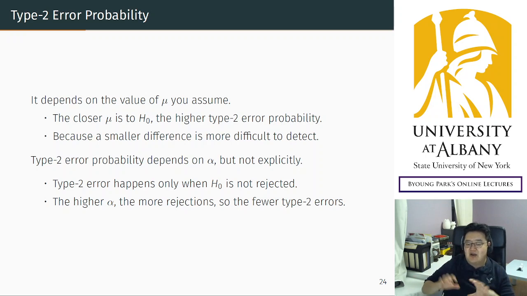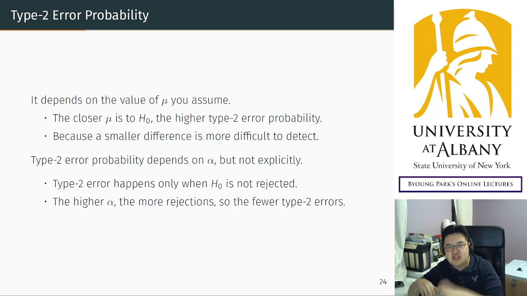In this case, 100 milligrams will be clearly different from the original drug, right? So it will be much easier to detect the fake one. So as a result, your type 2 error probability will be very, very low. You can tell this is wrong, right?